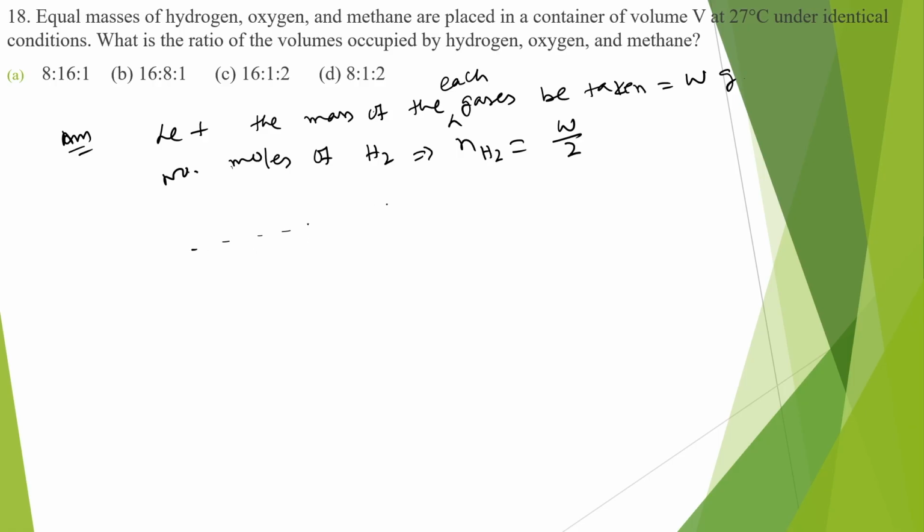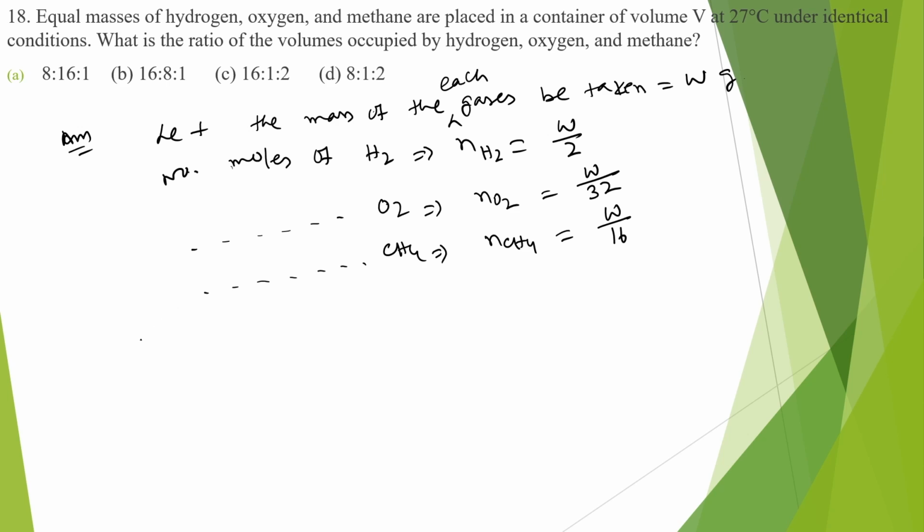The number of moles of oxygen, N O2, is W by 32, and the third gas is methane, CH4, N CH4 is W by 16. So, these are the numbers of moles.